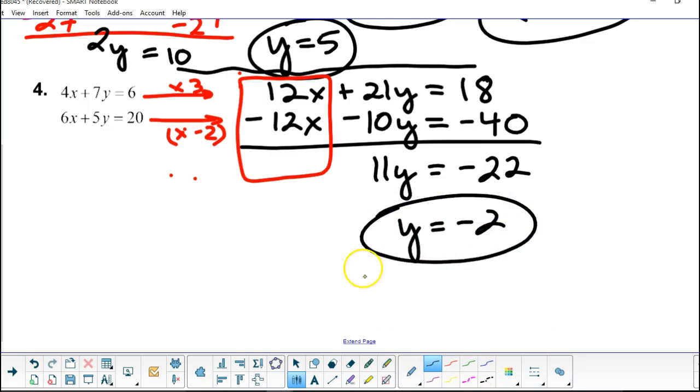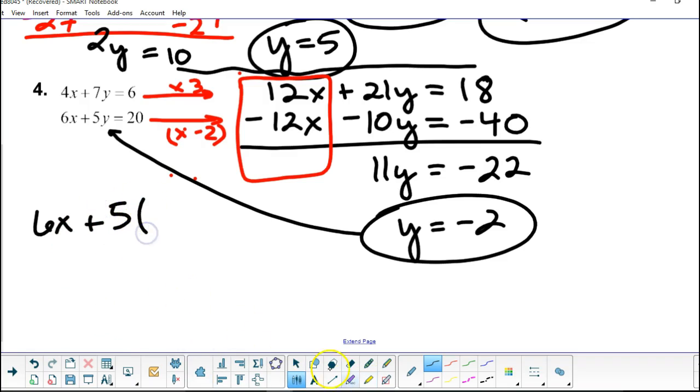And we take that and go back to one of the original equations to solve. So I'm going to take this bottom equation since I'm there. I've got 6x plus 5 times -2, and of course 5 times -2, and that's going to equal 20.